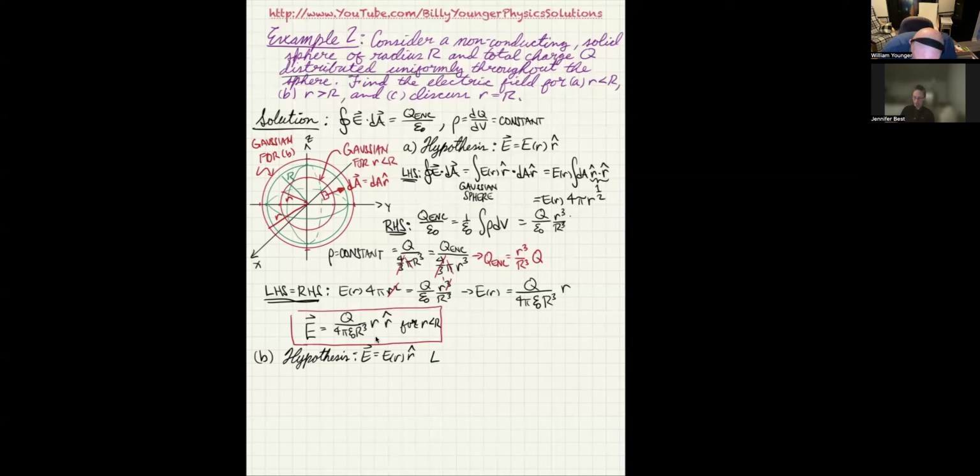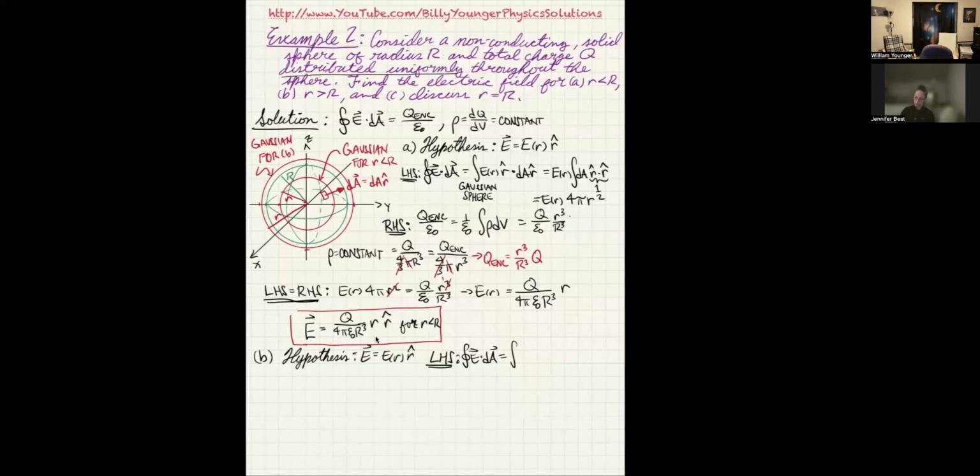Now we can say left-hand side. Left-hand side is the closed integral of E dot dA, which equals E of R hat dotted with dA, R hat.